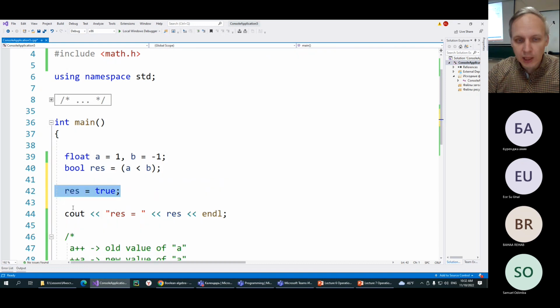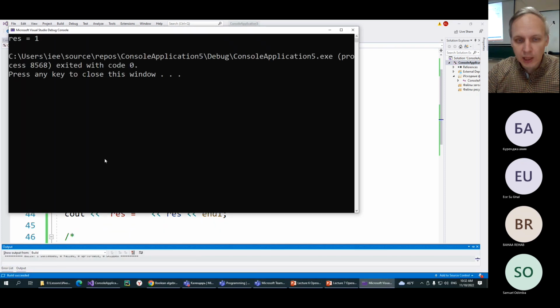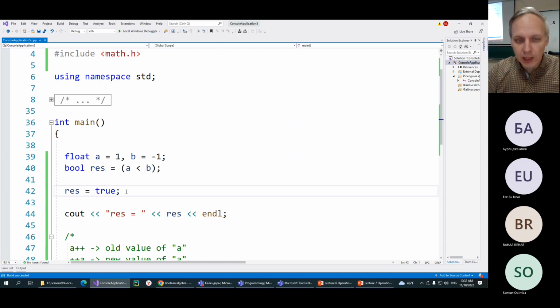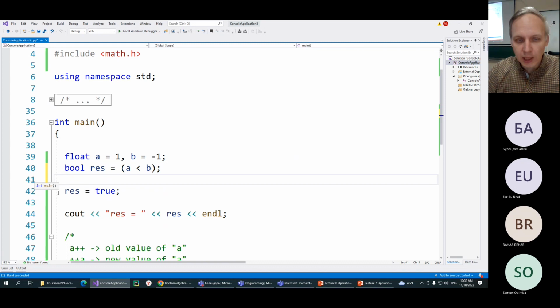In this case, the result will be true, 1. But I reassign the result. Of course, the result of the comparison is false, but after that I write another value to the result, true.